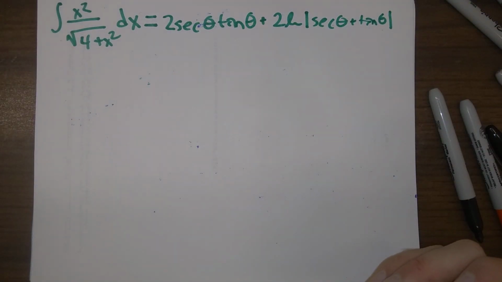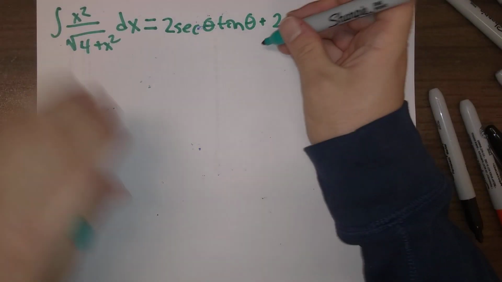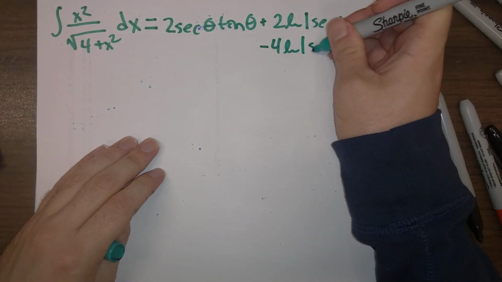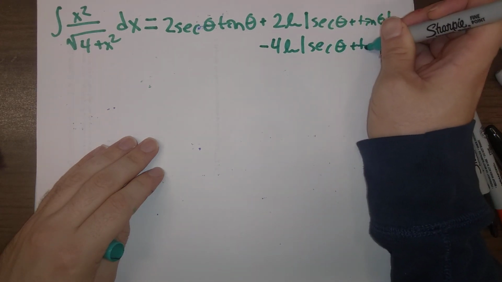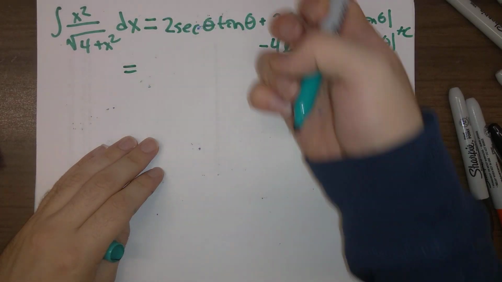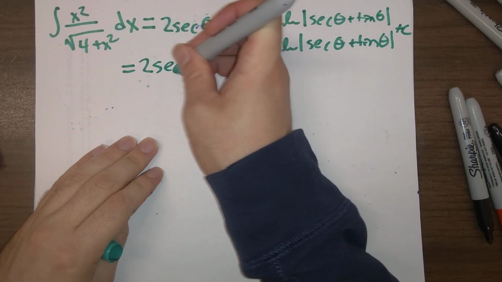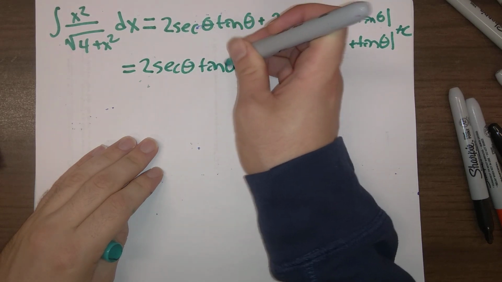And then we also had to do minus 4 times this. There we go, plus c. So plus 2 times that minus 4 times that will give us negative 2 times that.